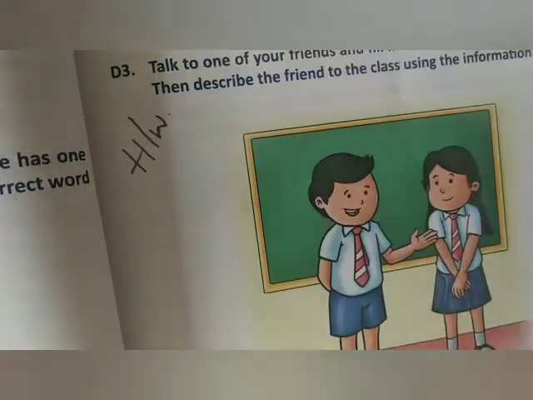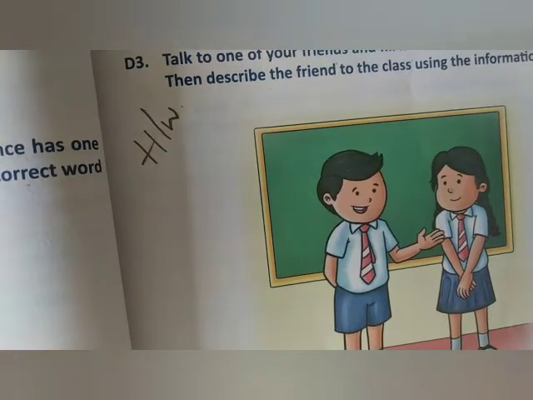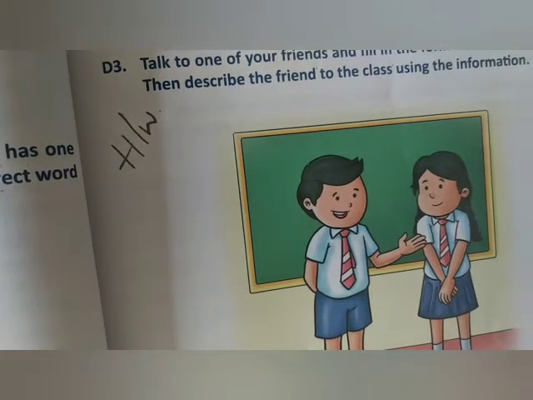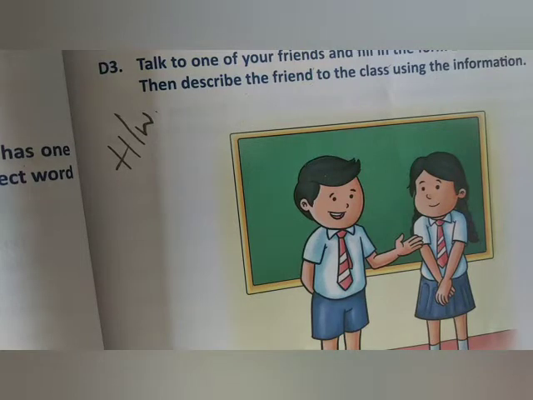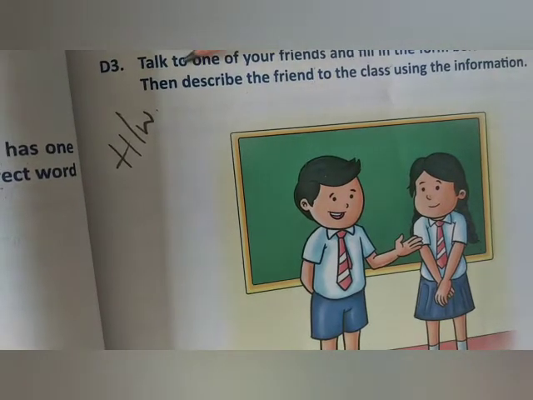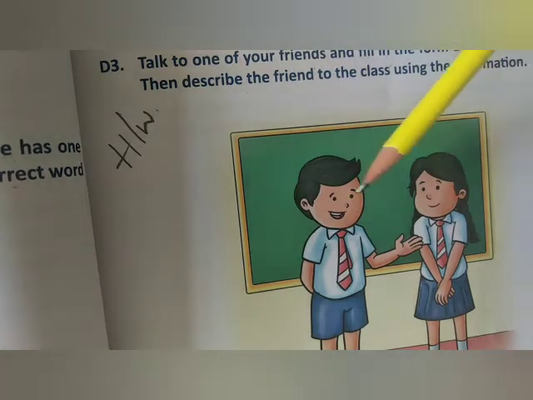Okay. And here is D3. Look. Talk to one of your friends and fill in the form below about him or her. Then describe the friend to the class using the information. Here there are also two friends.